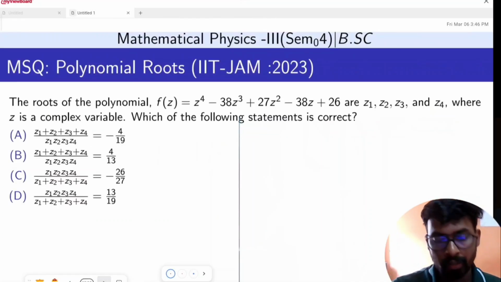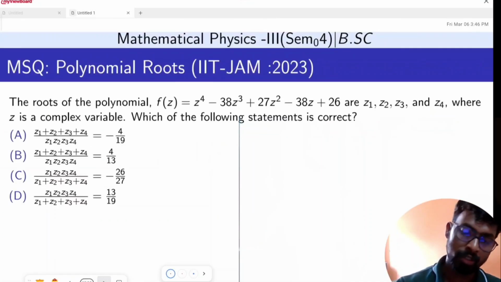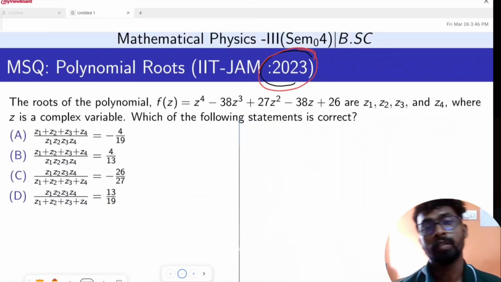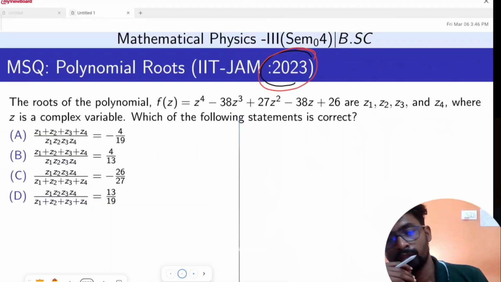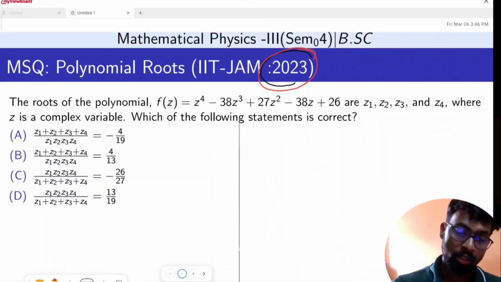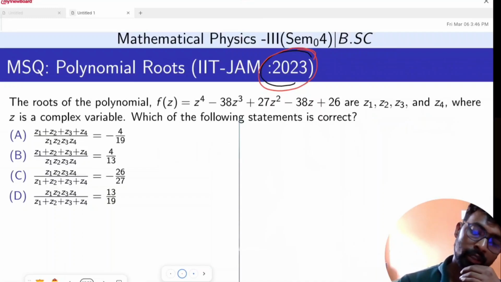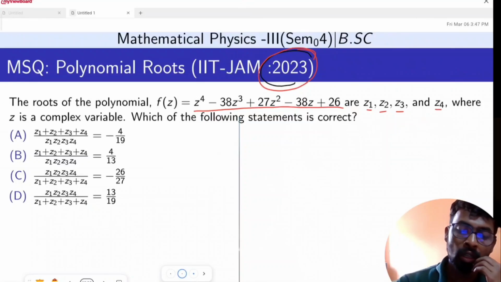It's a very good question. This question was asked in IIT JAM 2023. The question is about the roots of a polynomial. A fourth order polynomial is given, so this polynomial has four roots: z1, z2, z3 and z4.